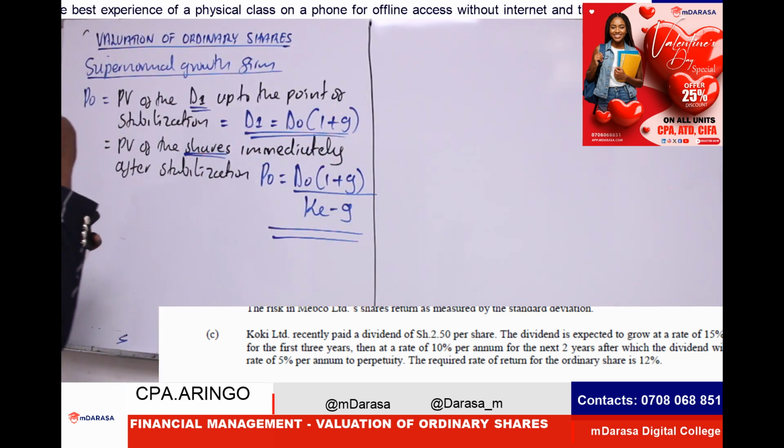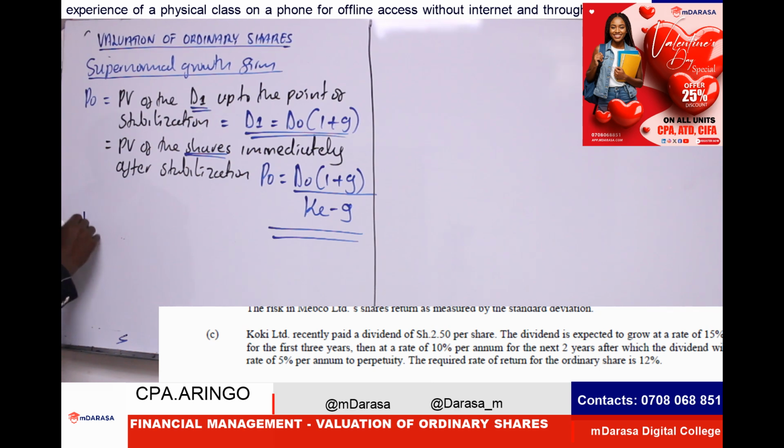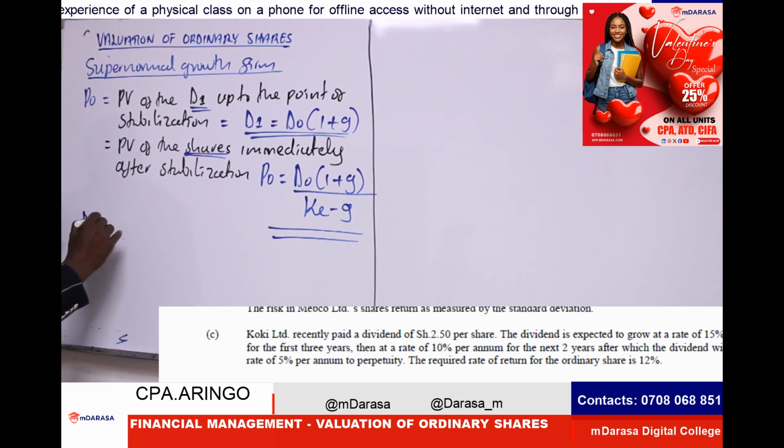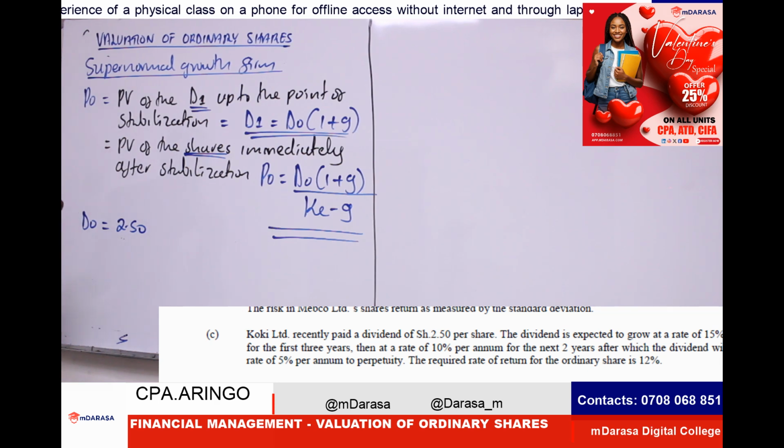We're told that this firm has recently paid a dividend of 2.5 shillings. So literally, our D0 in this case is 2.5. Then the examiner told us that the dividends are expected to grow at a rate of 15% per annum for the first 3 years.